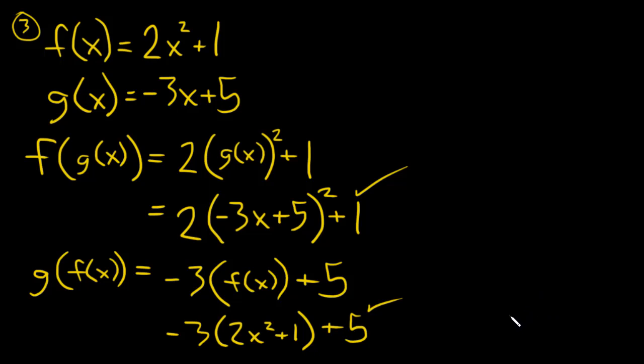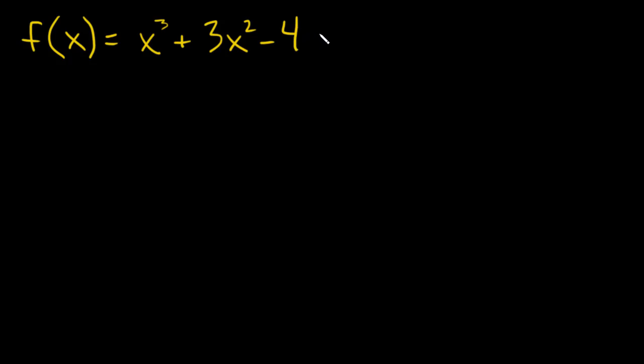So here we go. Clear the screen. And let's jump straight in. So we're going to start off with something that looks bad, but it's actually not going to be bad at all. Let's start off with f of x equals x cubed plus 3x squared minus 4x plus 7.